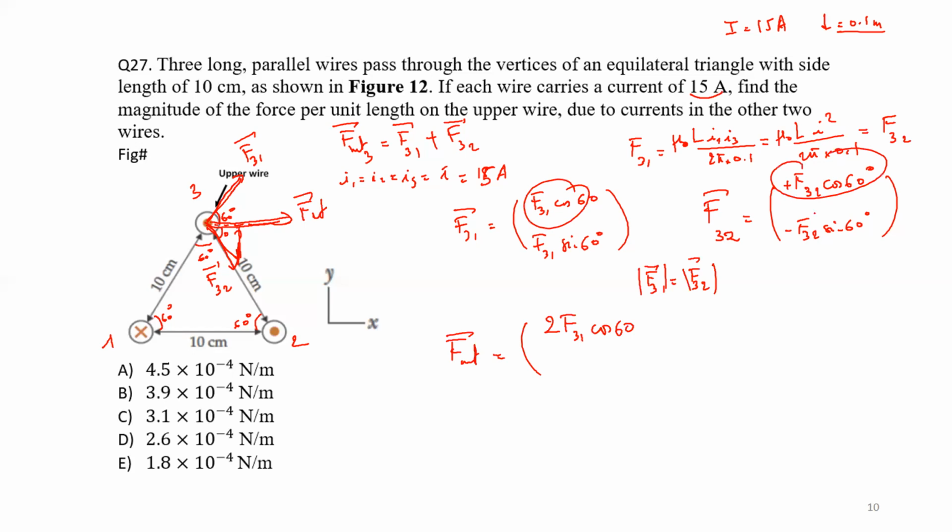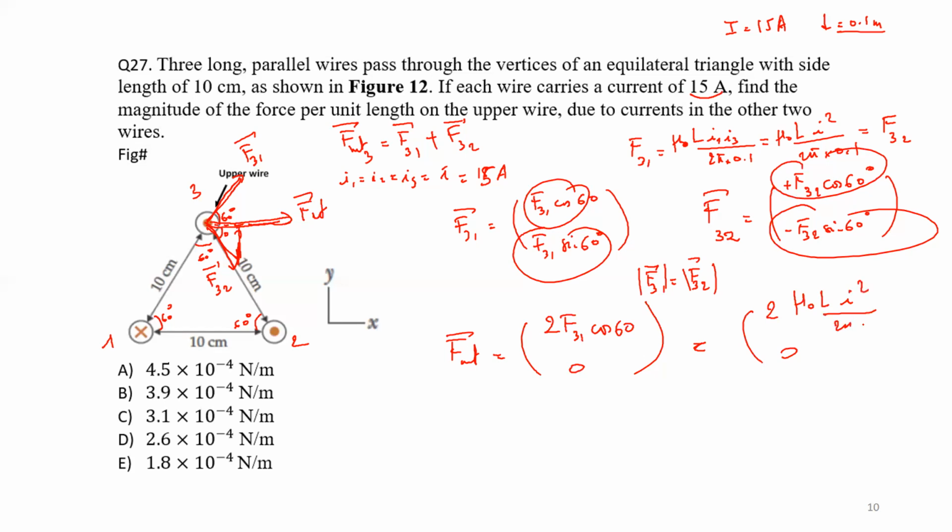Along Y, I have this plus this, which is just 0. So this is just equal to 0 along the Y direction. Here I will have just 2 mu naught L current square divided by 2 pi times 0.1, and then don't forget the cosine 60, of course.